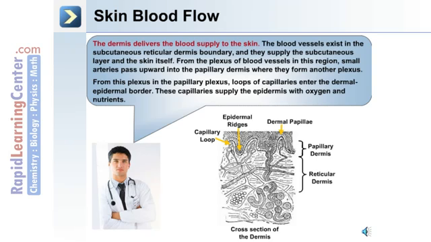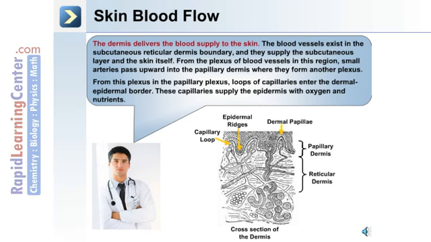Skin blood flow. The dermis delivers the blood to supply the skin, including the dermis and the epidermis. The blood vessels exist in the subcutaneous reticular dermis boundary, and they supply the subcutaneous layer and the skin itself. From the plexus of blood vessels in the subcutaneous layer and reticular dermis boundary, small arteries pass upward into the papillary dermis.